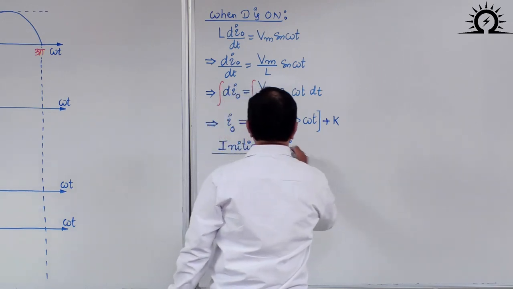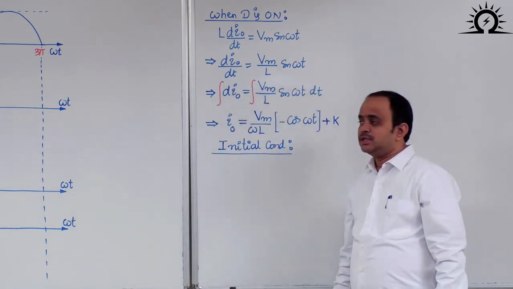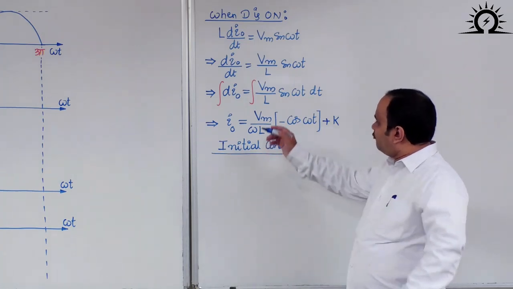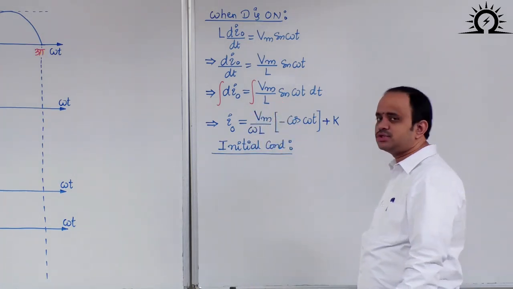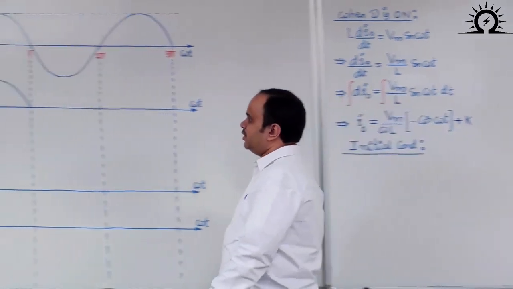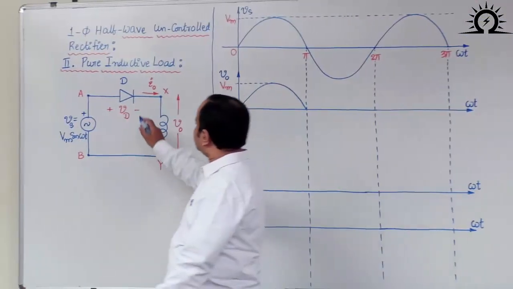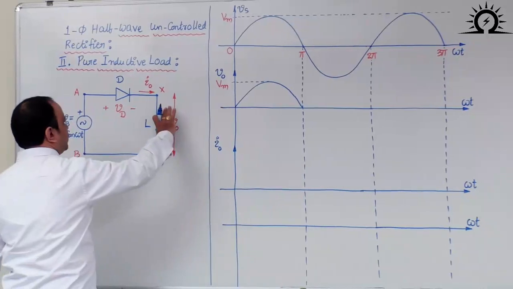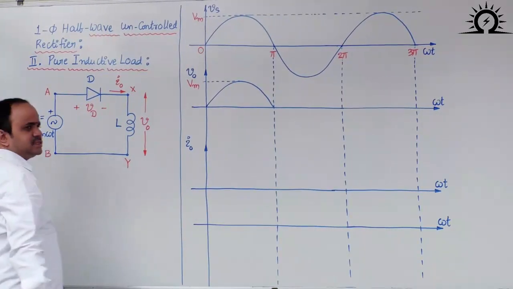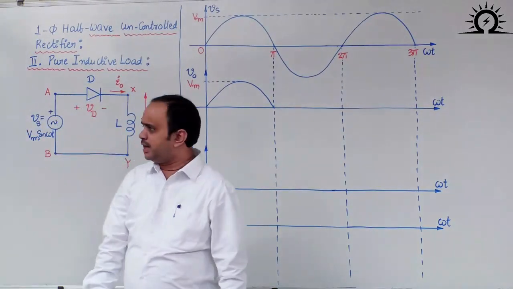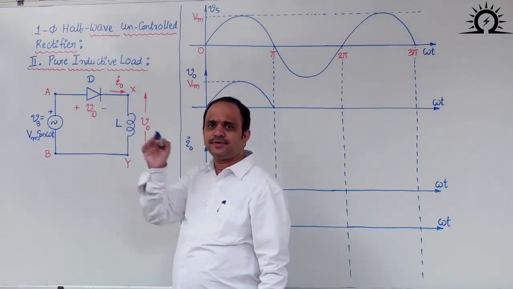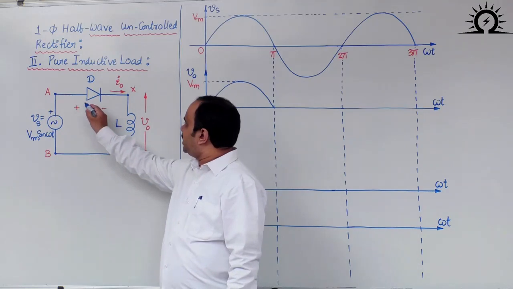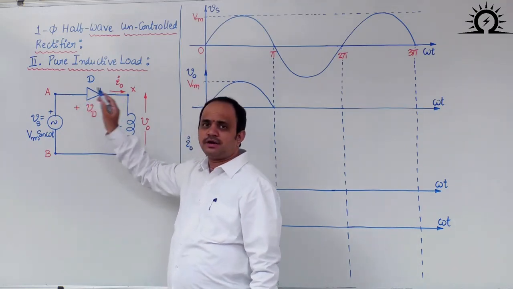What is initial condition? Whenever the diode is turned on, this inductor is connected to sinusoidal source. Therefore, we can say that output current will start from 0 whenever this diode is turned on.